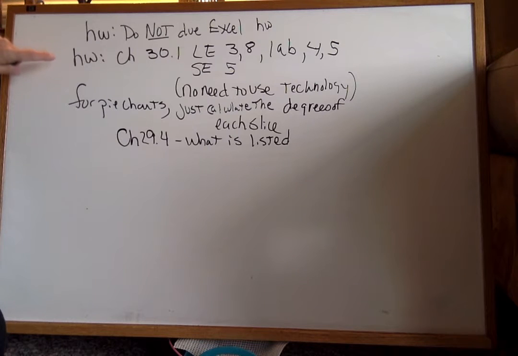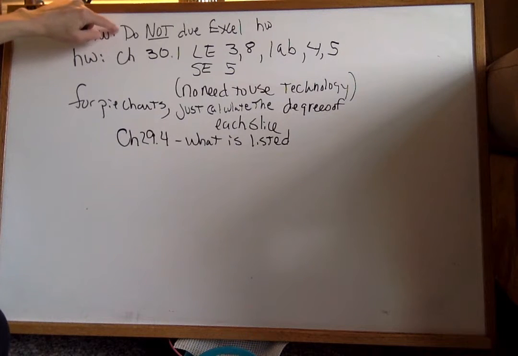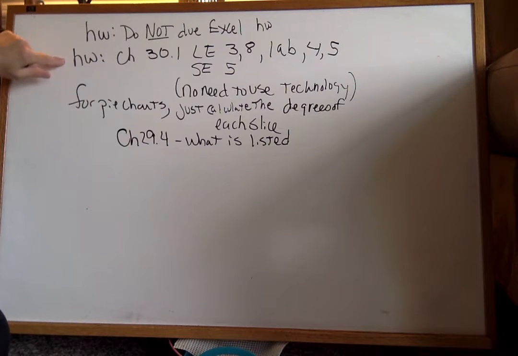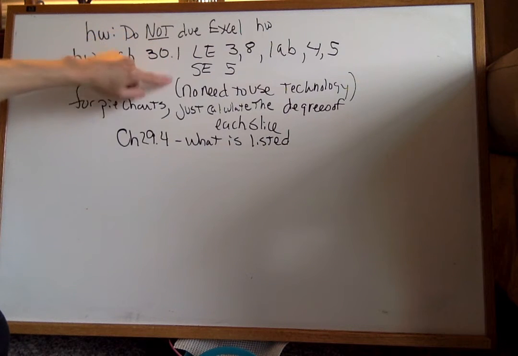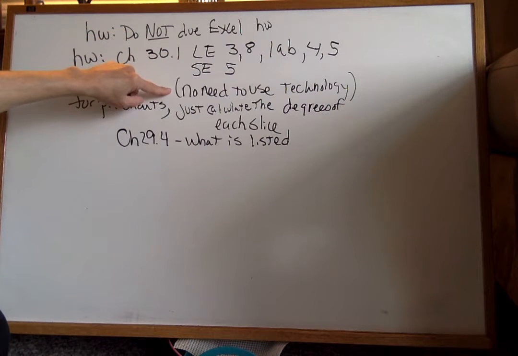Homework. I don't think this is part of the packet, so make sure you write this down. If at any point during Maymester you hear about an Excel homework, we are not doing that for Maymester, so completely ignore that. You do want to be working on chapter 30.1, those particular problems. A few of the problems say use technology. You do not have to use technology. You can just do the stuff by hand.